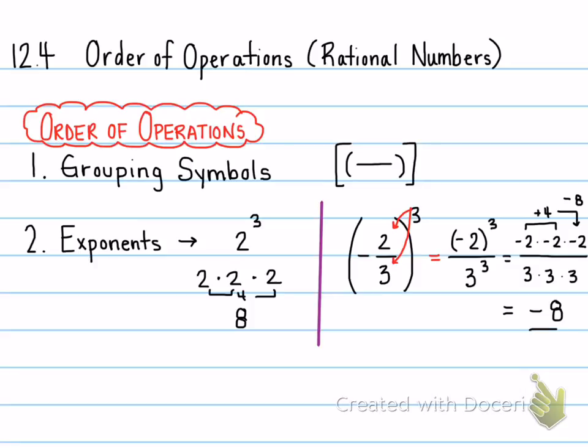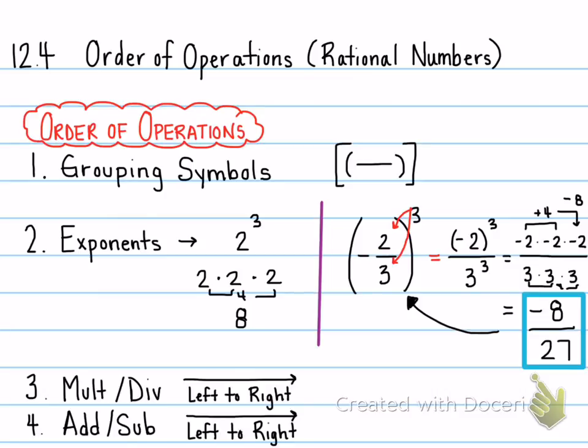And my denominator is 3 times 3 is 9. 9 times 3 is 27. So it's negative 8 over 27. What you're actually doing is taking the exponent to both the numerator and the denominator. And again, if the fraction is negative, just put that negative with the numerator so you can solve the problem appropriately.